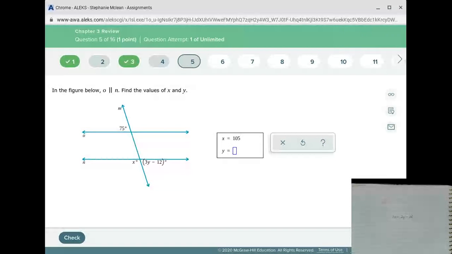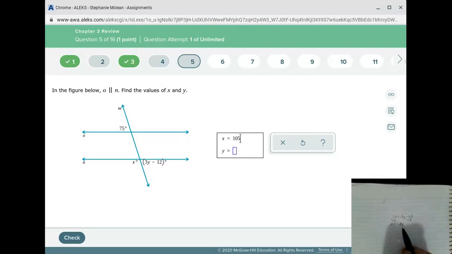Okay, now I need to solve that for y. So the first thing you need to do is get your y value alone on one side. So I'm going to add 12 to both sides, because whatever you do to one side, you have to do to the other. Okay, so this is 87 equals 3y, because those canceled.